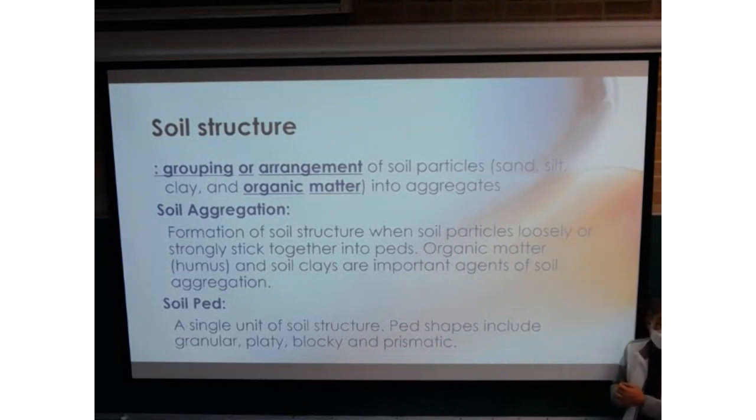Some have a plate shape whenever we break them, so we call them platy types. Some aggregates, when you break them, have no shape. We call that massive, like the sandy stuff. So we see that kind of broken pattern. We call that soil structure.